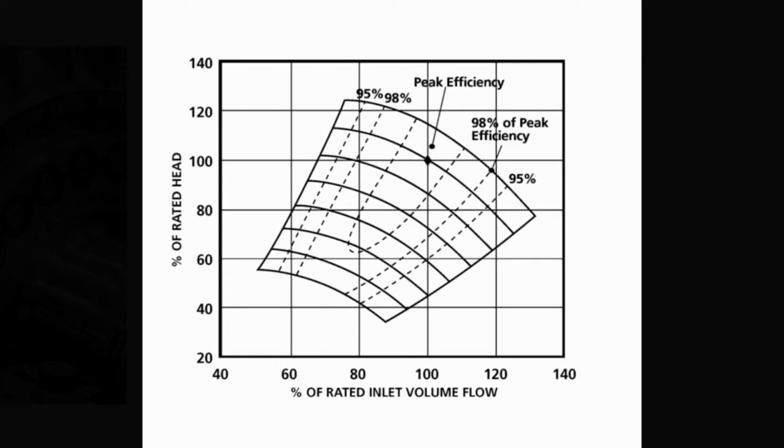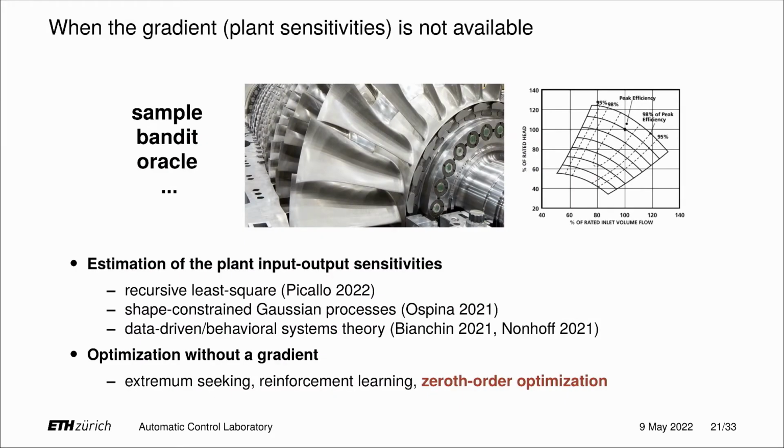Now, measuring the efficiency is typically relatively easy in the sense that by looking at the input and output power to these machines, you know how much is wasted. Knowing the gradient of this cost function is, well, if you knew the gradient, let's say, the problem would become a little bit trivial, because the gradient is literally telling you where the peak is, right?